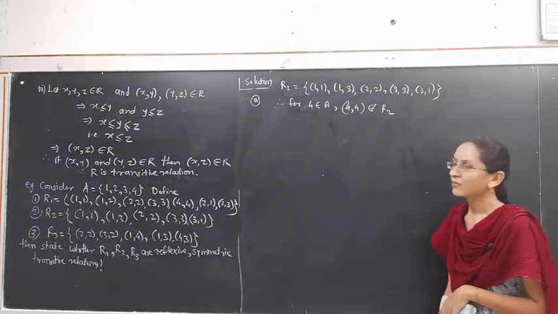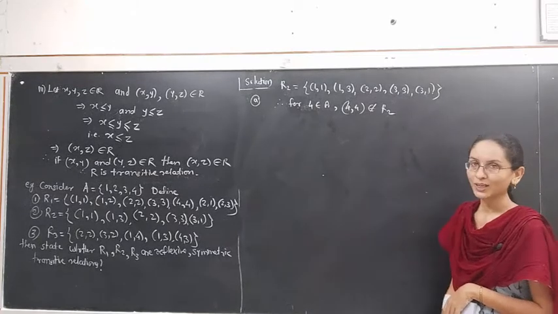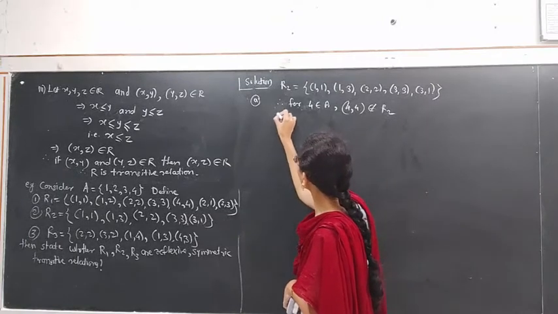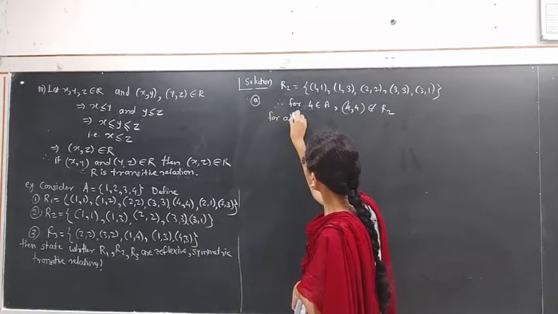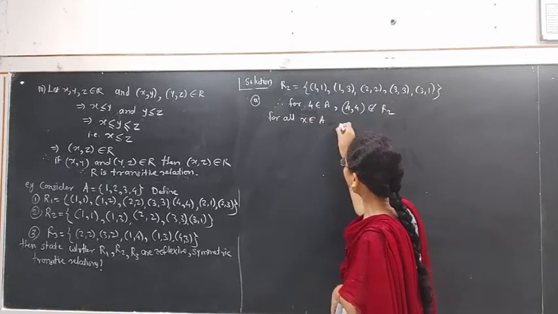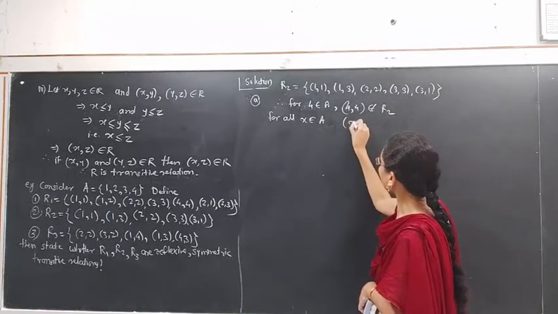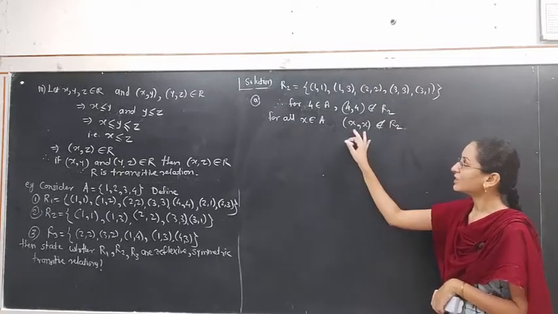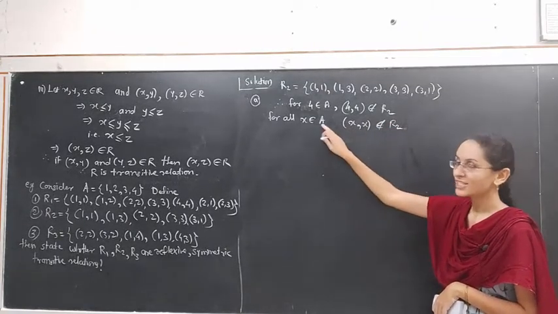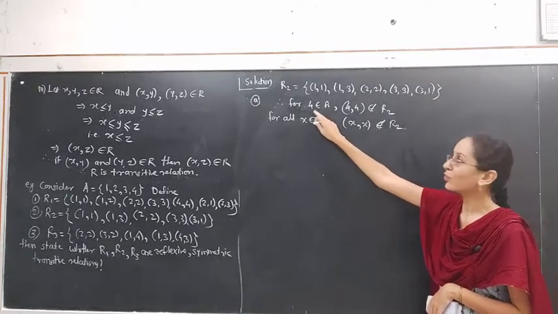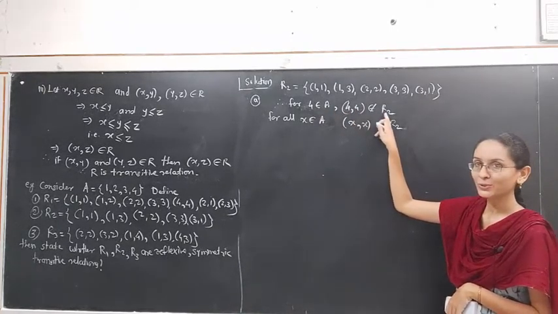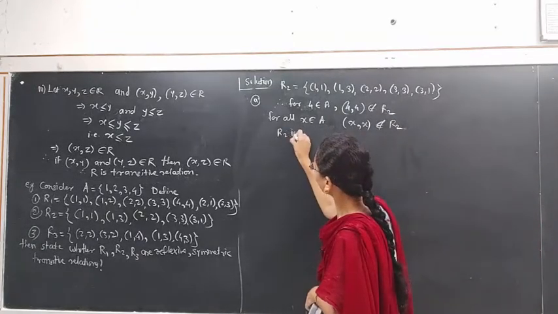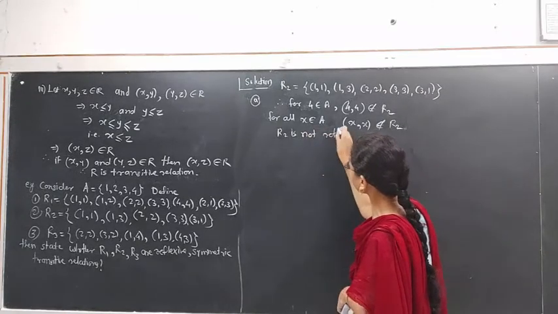Therefore, R2 is not a reflexive relation, because the condition that for all x belonging to set A the ordered pair of type (x, x) belongs to R2 is not satisfied, where x is 4. 4 belongs to A, but (4, 4) does not belong to R2. Hence, this relation R2 is not a reflexive relation.